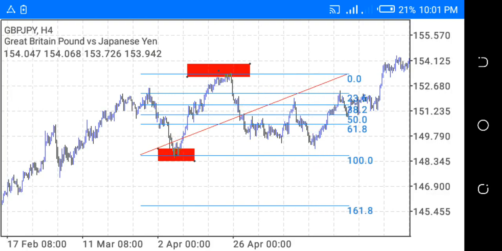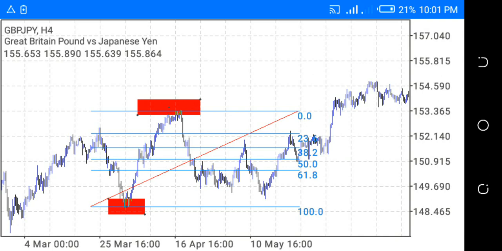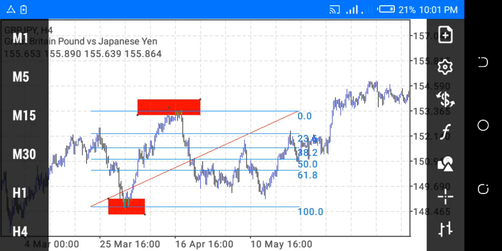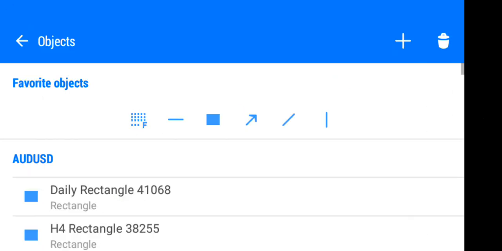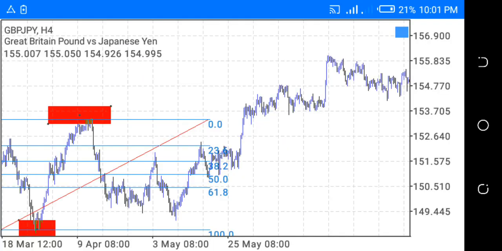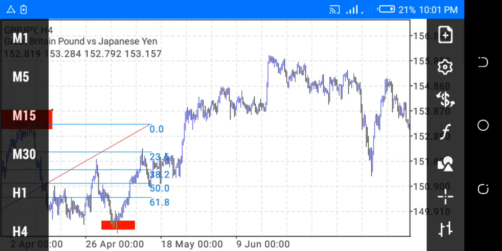Price actually came down to the 61.8 fib zone. Now what we should be doing is looking for an opportunity to ride this market to the upside. Guess what? You're going to be entering the market here and trending what to the upside.